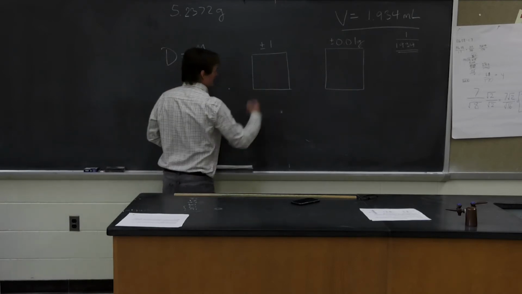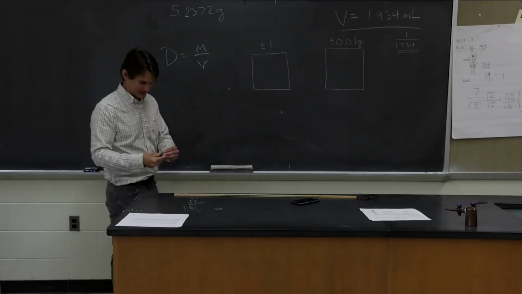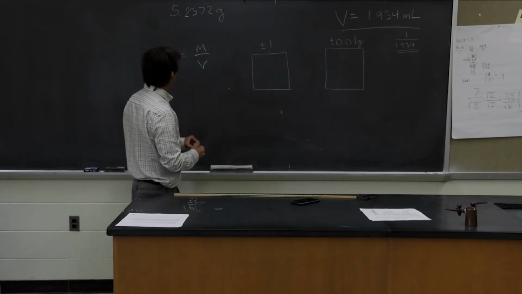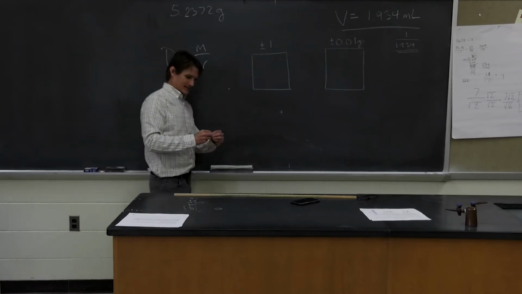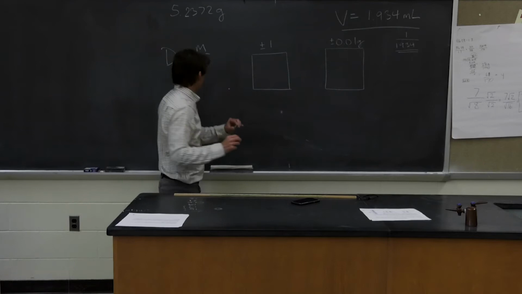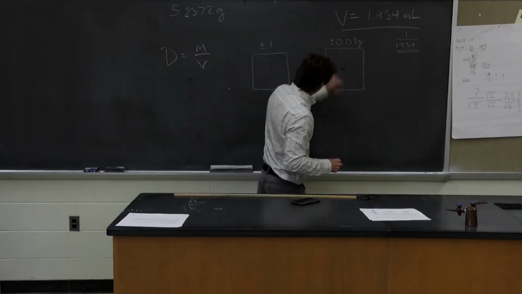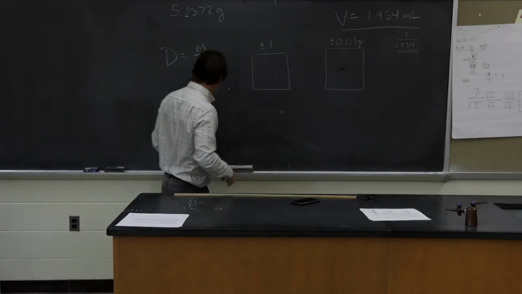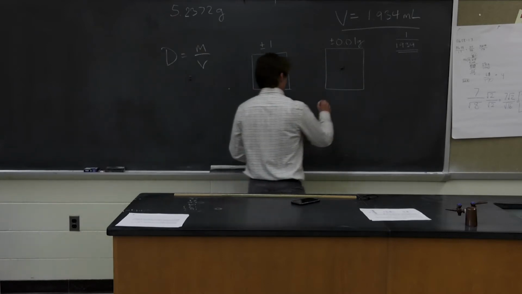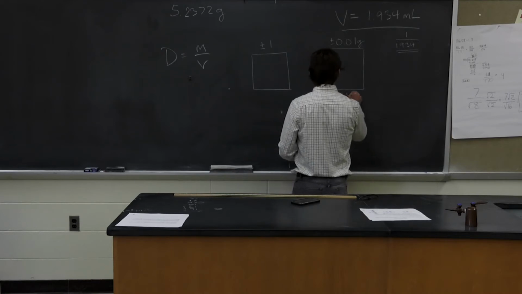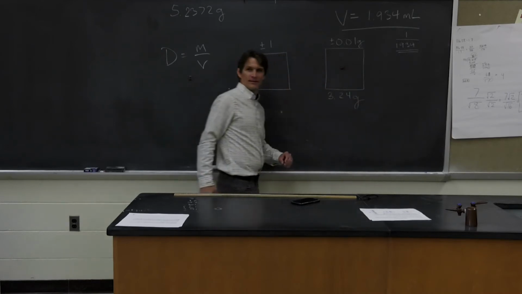All right, now we're going to do this again. This time, this particular student says, you know what, I'm going to take the object and place it on that balance. Just to make the math easy on me, we'll say it reads out at 3.24 grams.